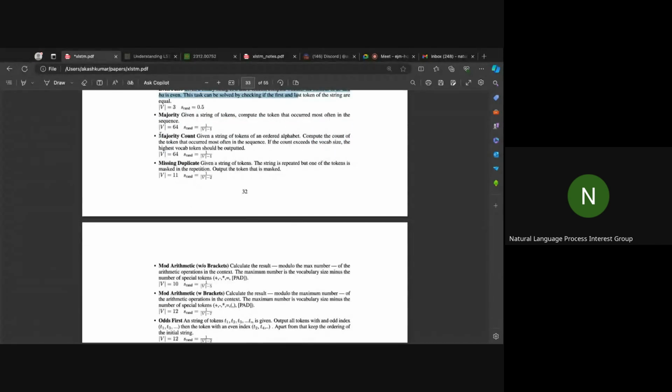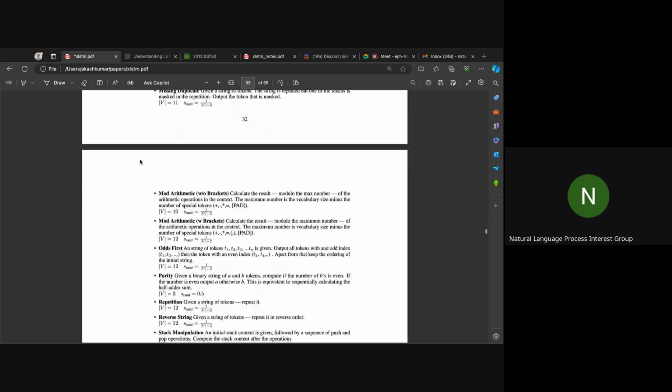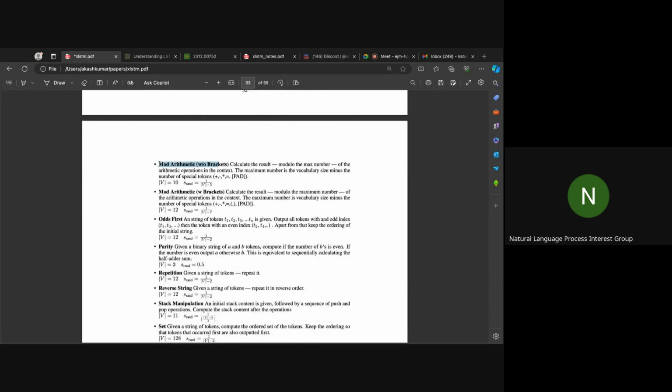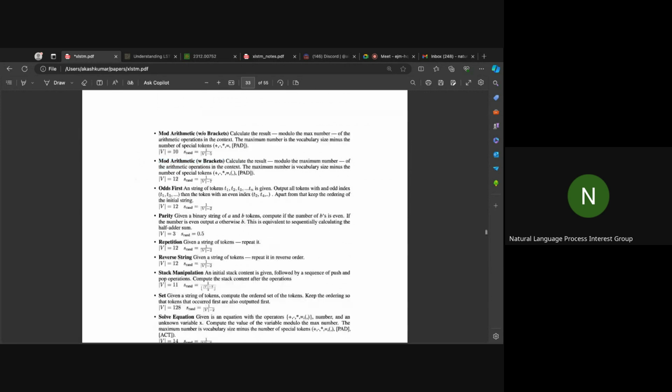Majority count is trying to remember which token has come the most and the number of times it has come. And mod arithmetic, with or without brackets, is trying to solve arithmetic operations.